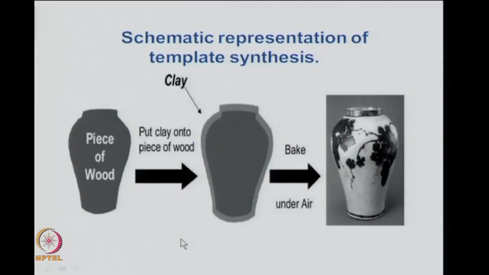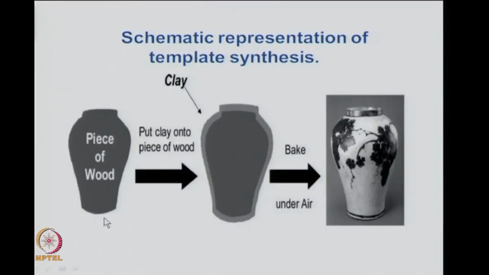You must have seen pottery or Chinese pottery specifically, where the finished material is of clay or something, but how is this shape taking place? You start with a template.